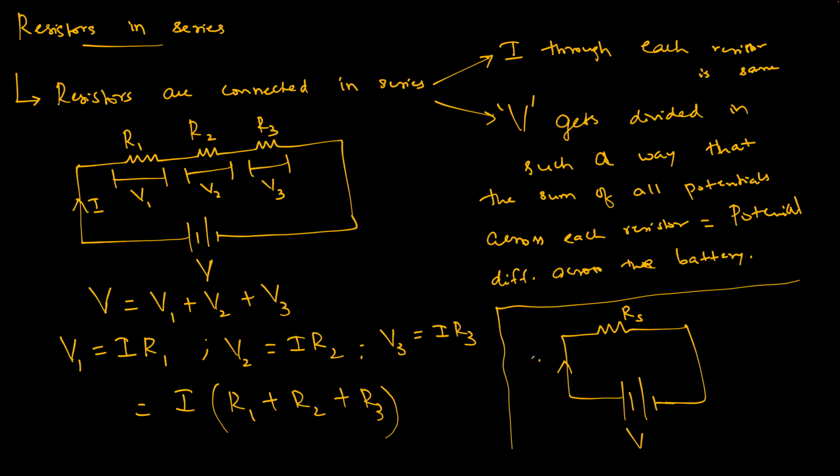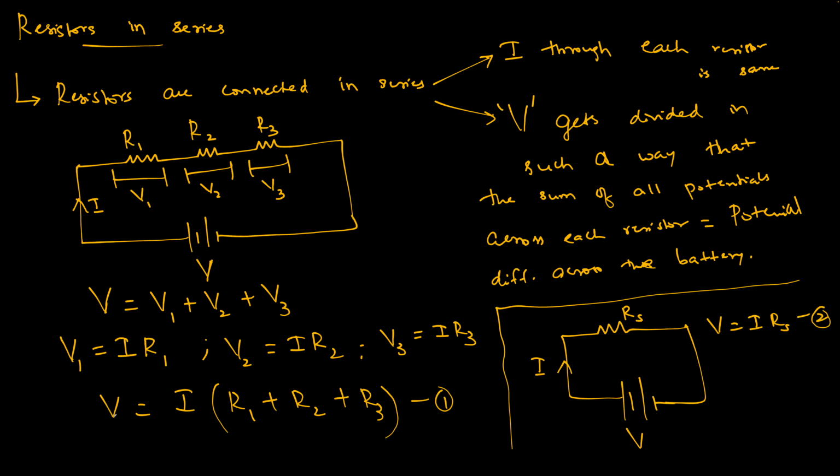V, and here it is going to be I. So what can I write V as? I into RS. So I will take this as the first expression, this as the second expression. Here I know it is V only. V is equal to I into R1 plus R2 plus R3, first one. V is equal to I into RS, second one.